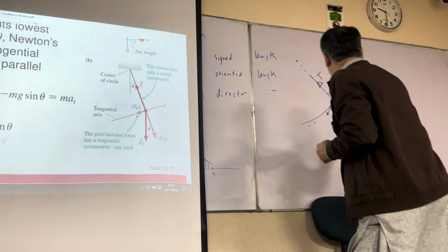oscillate as a pendulum, it has a speed of 0.25 meters per second as it passes through the lowest point. तो ये हम कैसे लिखेंगे बताएं? How do we write this down?